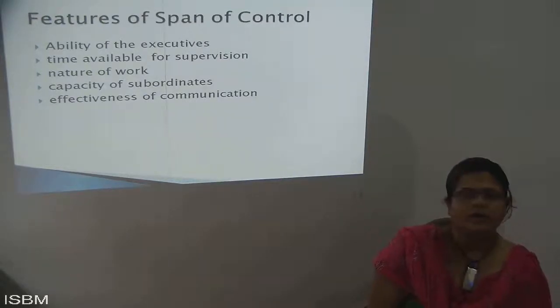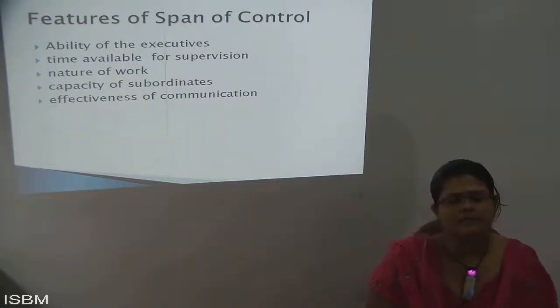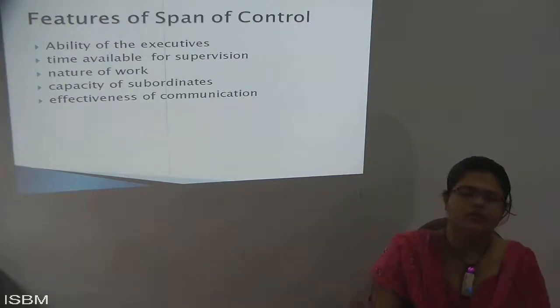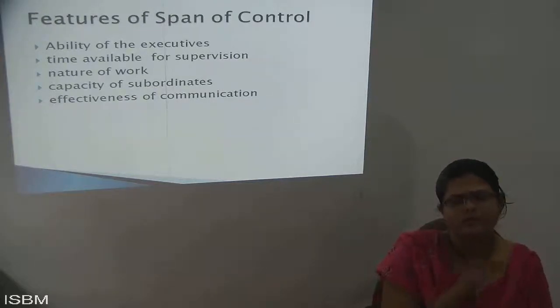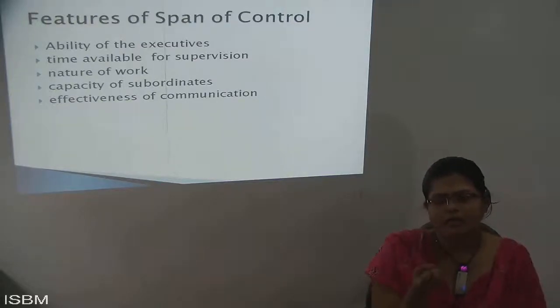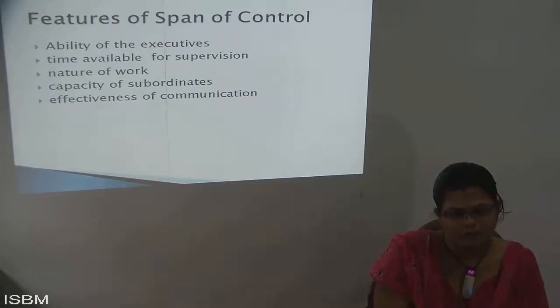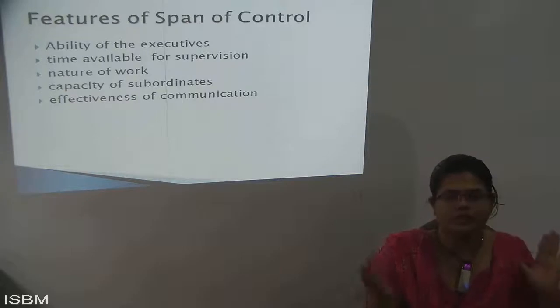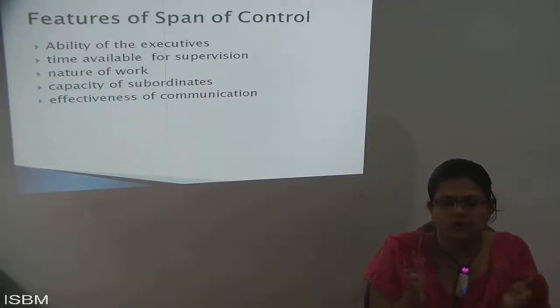Capacity of subordinates means that if there is one superior, you have each and every person as subordinates. The superior gives the work to the subordinates, and the subordinates take out their work. Even where a group of people is involved, each and every person comes together and completes the task that has been given.